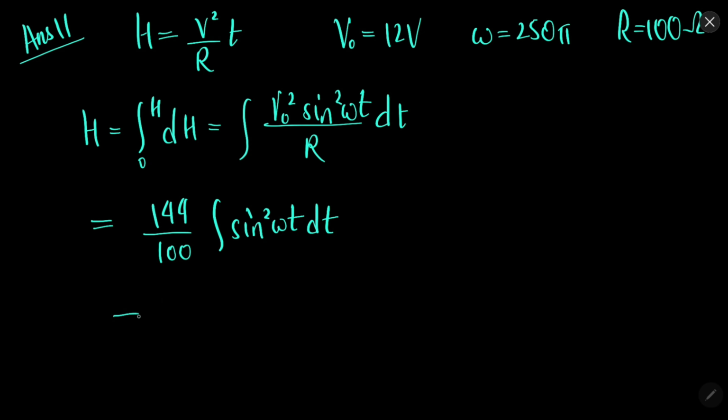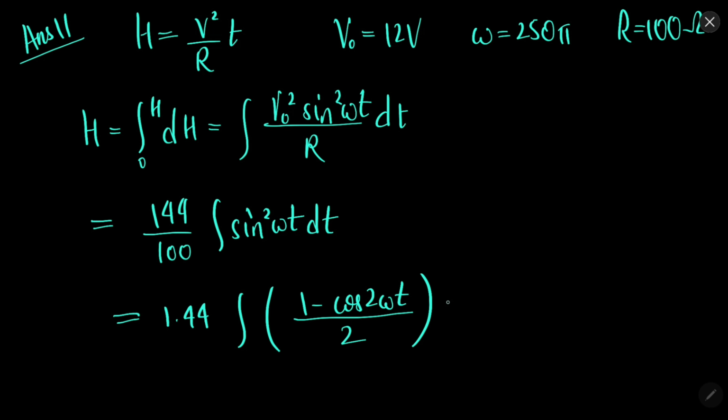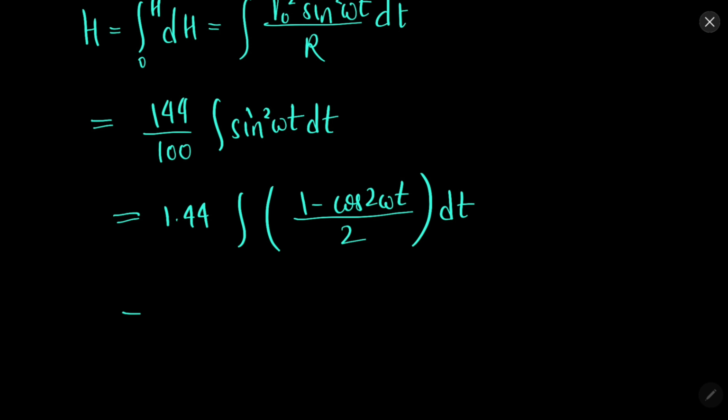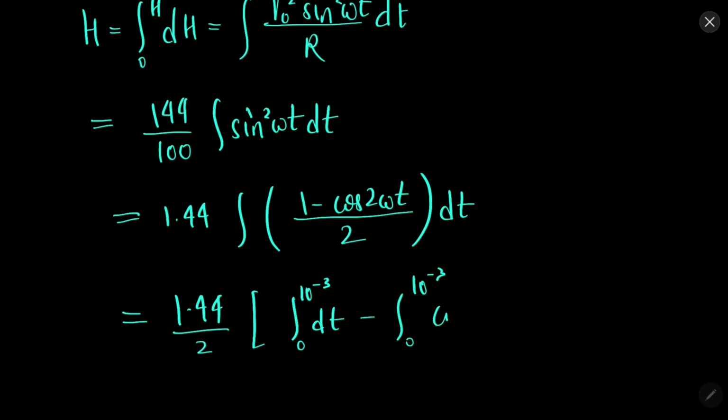Once you simplify this, you will obtain 1.44, and this sin square omega t can be written as 1 minus cos 2 omega t over 2 dt. Now after integration, we can write it like this: 0 to 10 to the power minus 3 dt minus 0 to 10 to the power minus 3 cos 2 omega t dt.